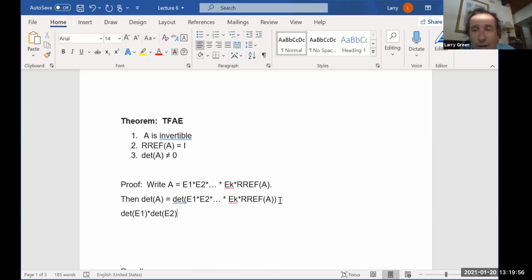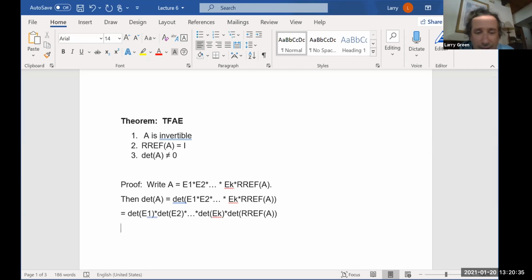And what's nice is now I'm working with numbers, because the determinant of a matrix is a number, it's not a matrix. Times ... times the determinant of EK times the determinant of RREF of A. Any questions on that? I forgot the equal sign. There we go.